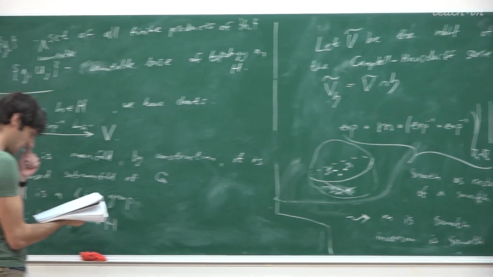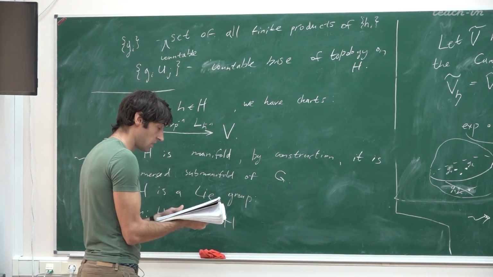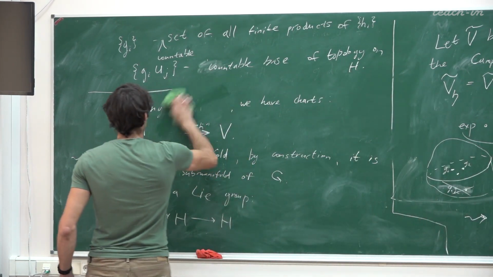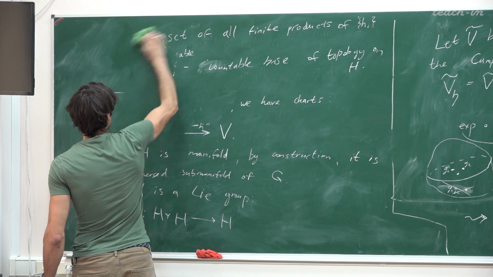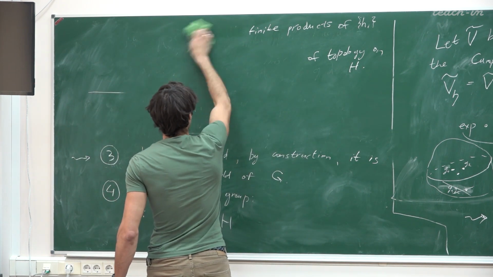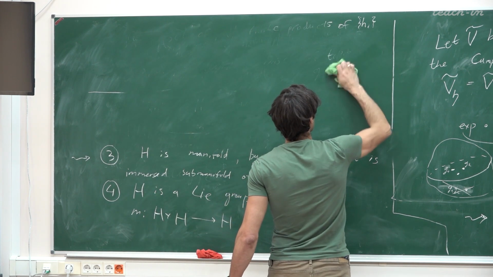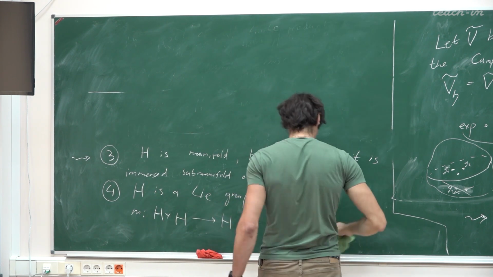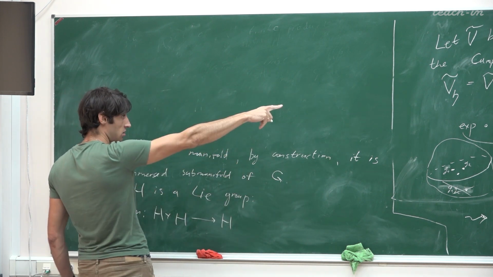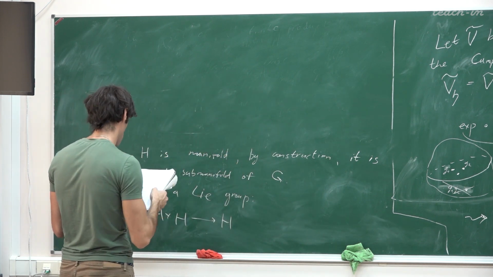And statement 5 is that, well, what do we need from H? That its Lie algebra is the Lie algebra H small that we started with, right?